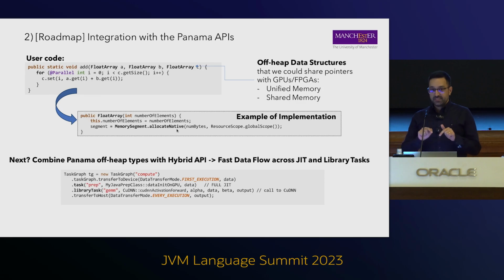And the beauty of it is that that segment, we could pin that pointer into shared memory or unified memory between the GPU and the CPU, et cetera, right? And the ultimate goal for us is to combine this with the hybrid API I talked about. Why? Because data will flow naturally across JIT compiled tasks and library calls. And that's, I believe, where a lot of speed is going to be.